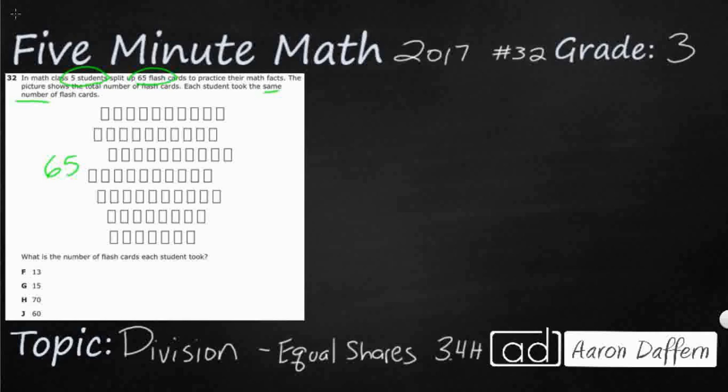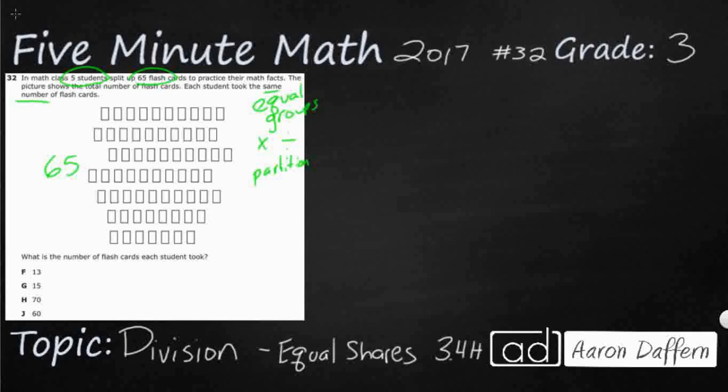When we are looking at the same number, when we are looking at equal groups, then we are going to be looking at multiplication or division. In this case, we are going to partition, or split up, or divide these 65 flashcards among these 5 students.